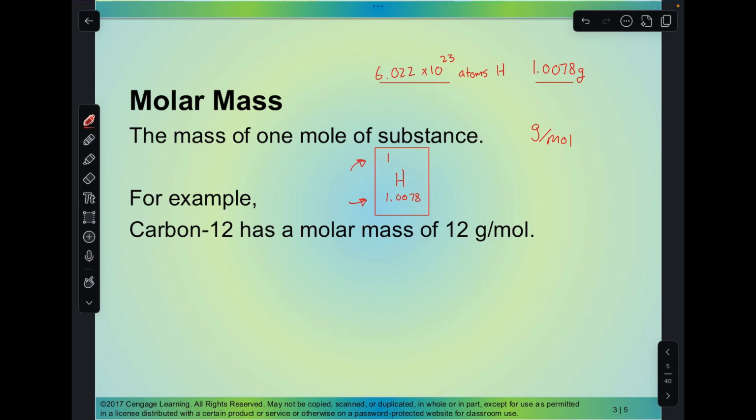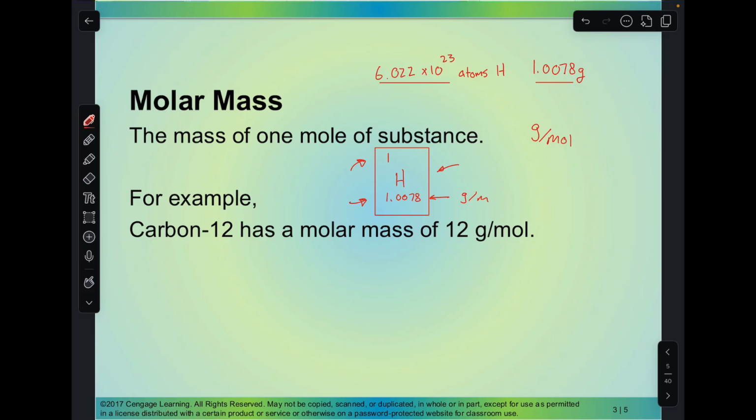To reiterate, 6.022 times 10 to the 23 atoms weighs 1.0078 grams. That's the number that you would find on the periodic table. That number is given in grams per mole, because that's how many grams there are if you have 1 mole of those hydrogen atoms.